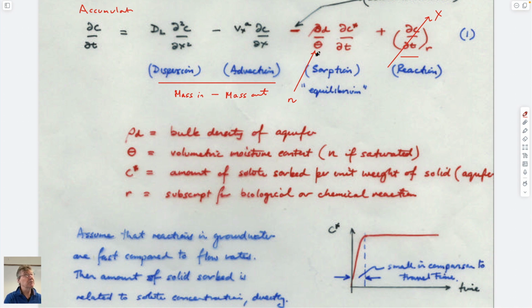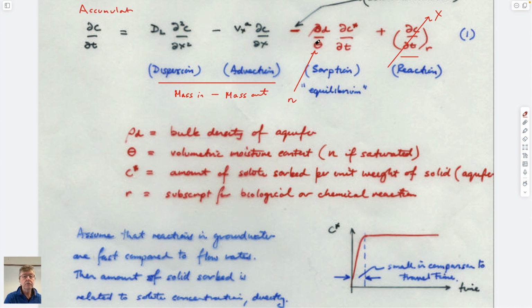It's written in terms of volume of pore space per unit volume of the aquifer. And the concentration of the solute that's sorbed per unit mass of the aquifer.